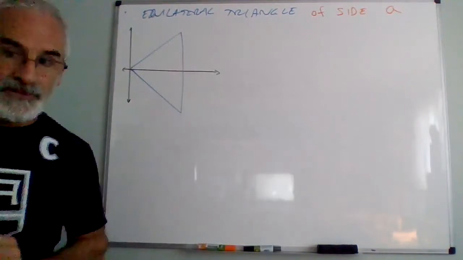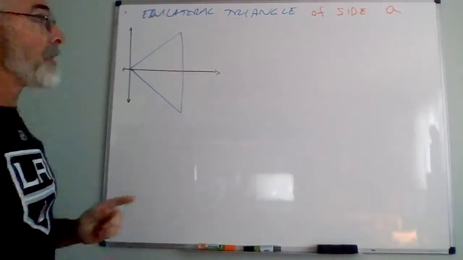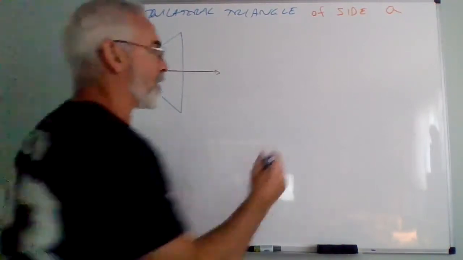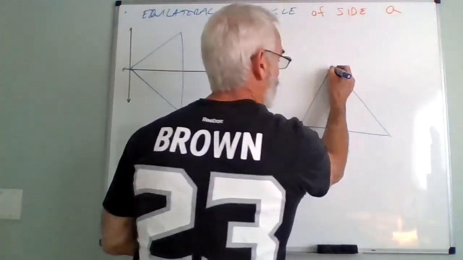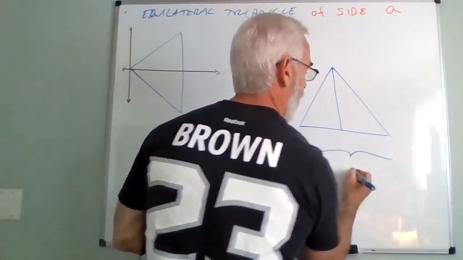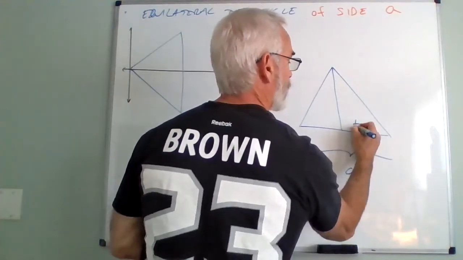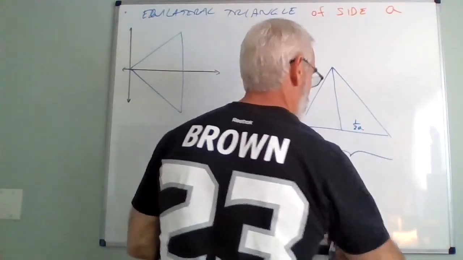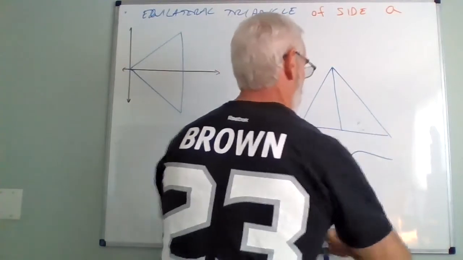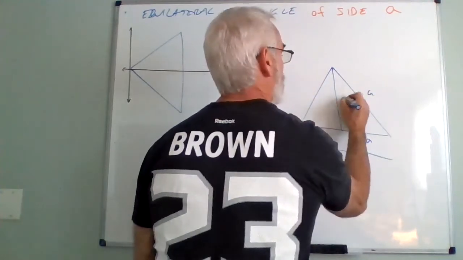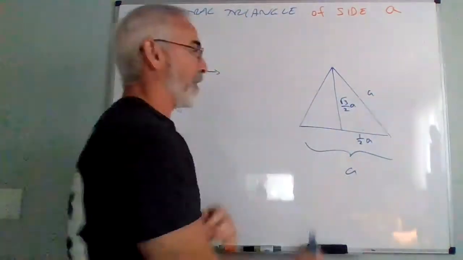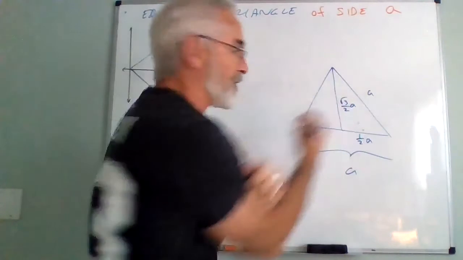Now, if each side measures A, one of the things we know about an equilateral triangle, and I'll remind you in case you forgot, that's where the 30, 60, 90 triangle comes from. So if that side was length A, then this piece would be 1/2 A. I'll put it right here. That would be A, and this would be √3 over 2 A, if you remember, the 1/2 to √3 over 2 to 1 ratio.